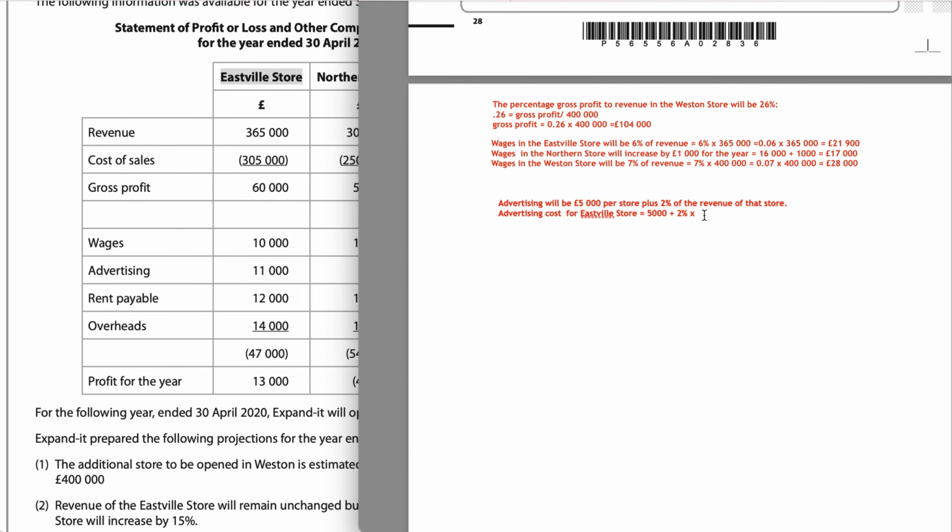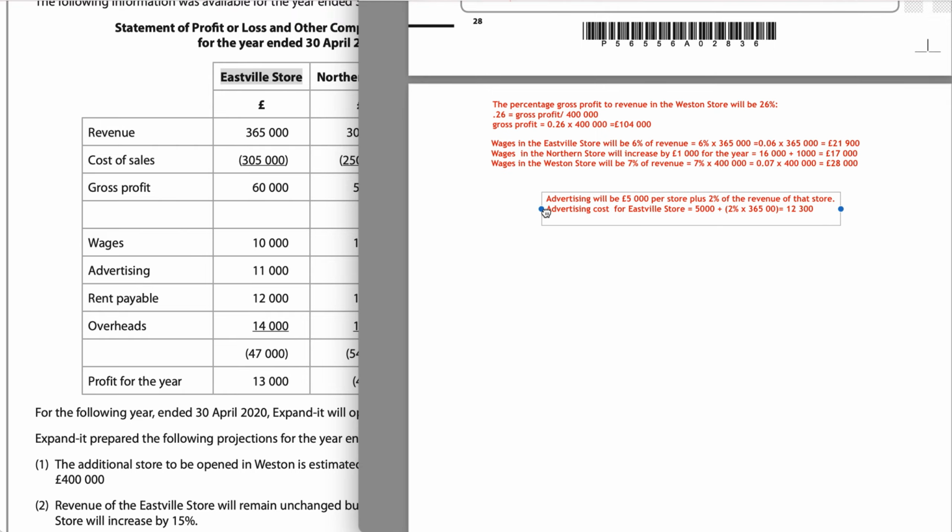The revenue is 365,000. So that is 5,000 plus 0.02 times 365,000, that is 12,300.